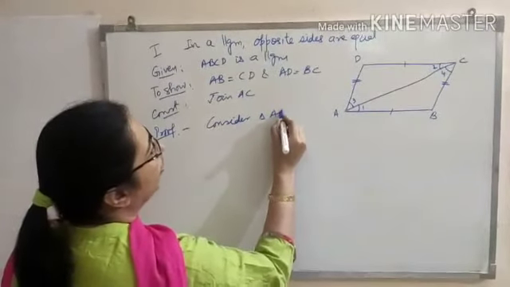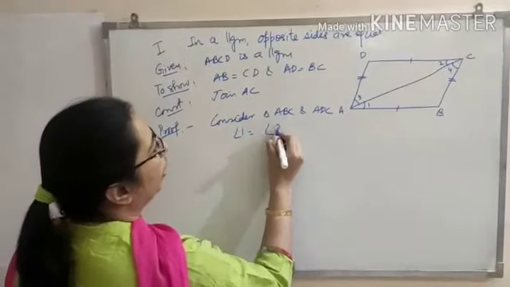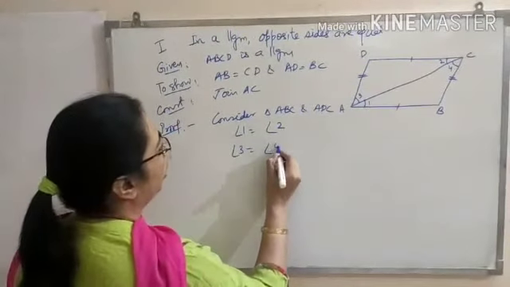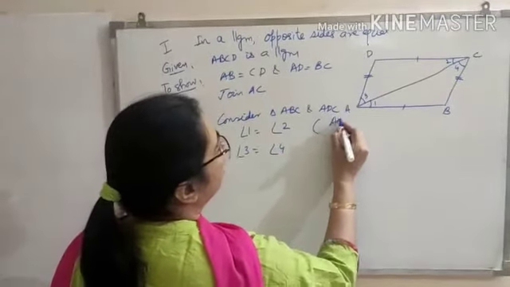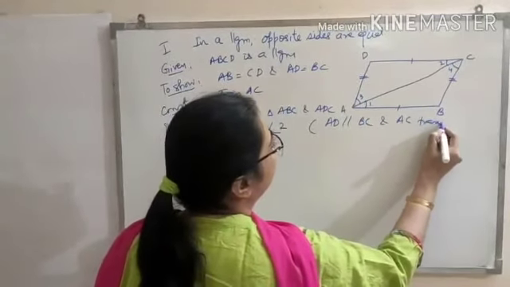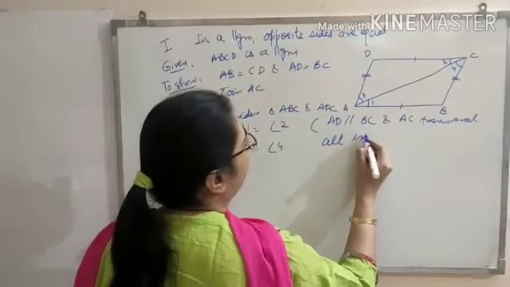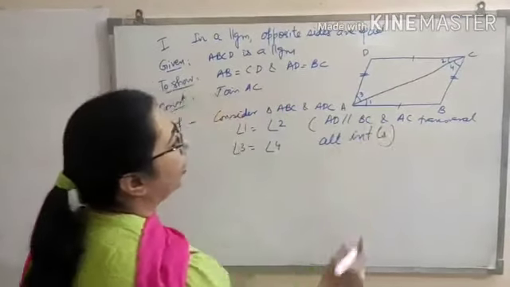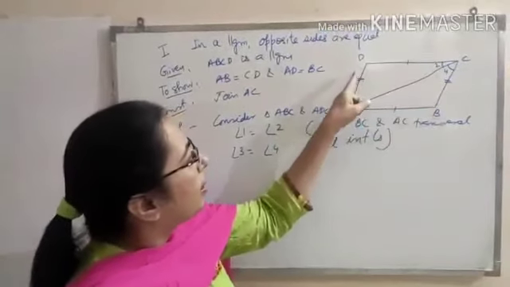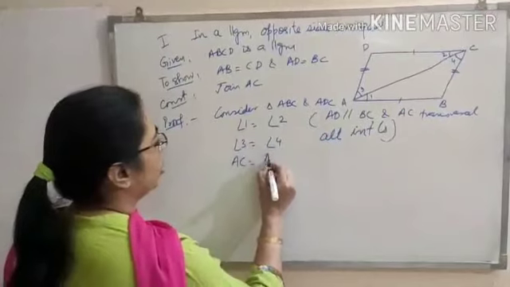Consider triangle ABC and ADC. Angle 1 is equal to angle 2, angle 3 is equal to angle 4, by writing AD parallel to BC and AC transversal, and these are alternate interior angles. For both you can write alternate interior angles, since these lines are parallel and AC is transversal, and AC is common.